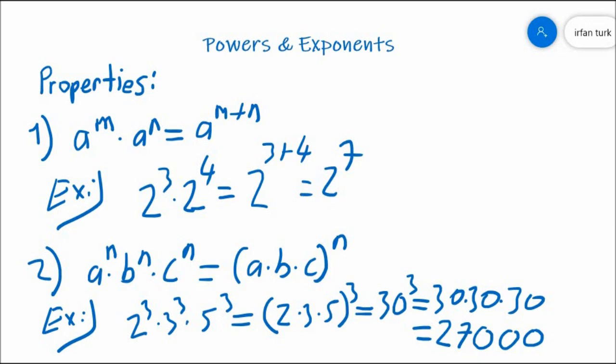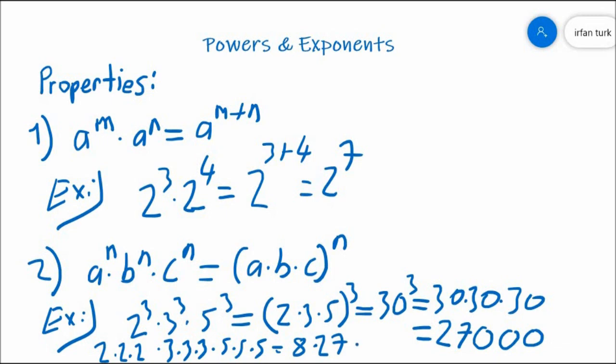Without putting them into the parentheses, if you multiply those numbers one by one, then finally we also get 27,000. For example, 2 to the power of 3 is 2 times 2 times 2, times 3 to the power of 3, which is 3 times 3 times 3, times 5 to the power of 3, which is 5 times 5 times 5. If you multiply three 2's, you're going to have 8. If you multiply three 3's, you're going to have 27.